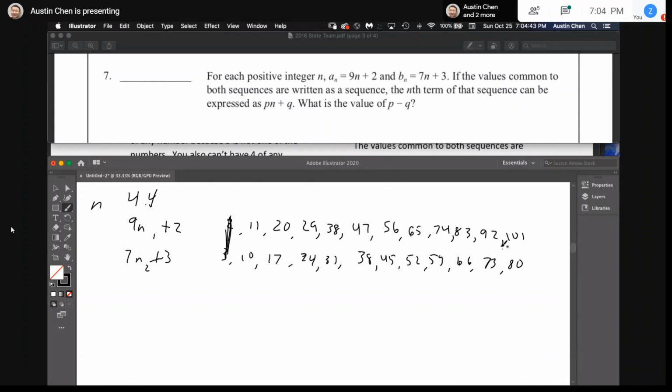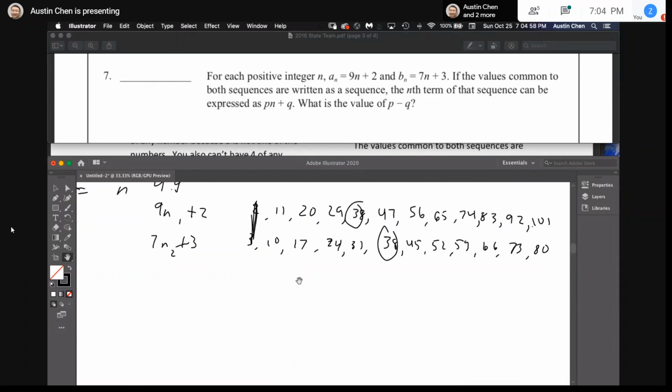All right, I listed some out, and we can see we just have the match 38 here. So listing doesn't really get us anywhere. The stuff is pretty sparse. We listed a lot of stuff out and we just got one match.